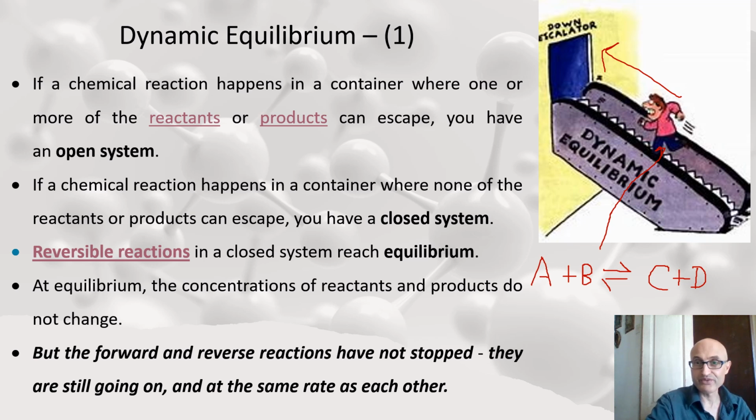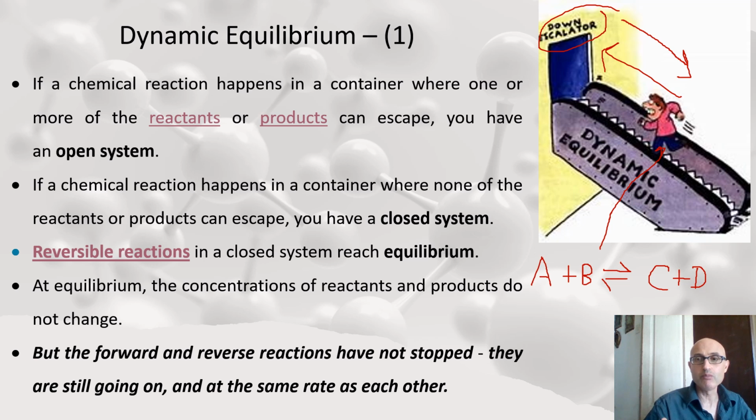But this person is being, if you like, opposed by a down escalator. The escalator is moving in the opposite direction. And since it's moving with as much force as he is moving upwards, therefore he seems to be stuck.